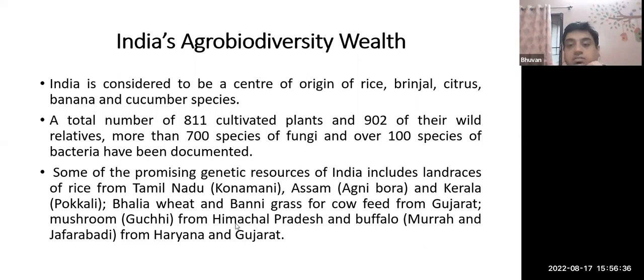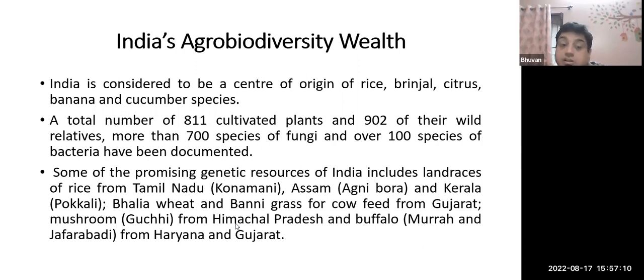Also in India, there are many kinds of landraces of rice, such as Konamani in Tamil Nadu, Agnibora in Assam, and in Kerala we have Pokkali, which have promising genetic makeup. And in wheat, there is Bhalia wheat from Gujarat, which acts as excellent cow feed. And in Himachal Pradesh, there is a mushroom variety known as Guchhi, which is used for food purposes.